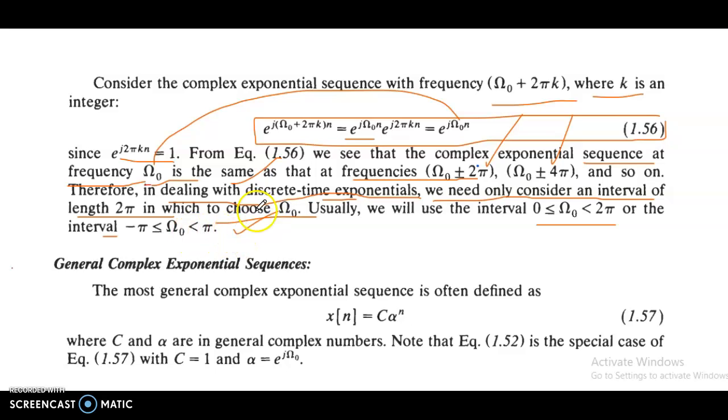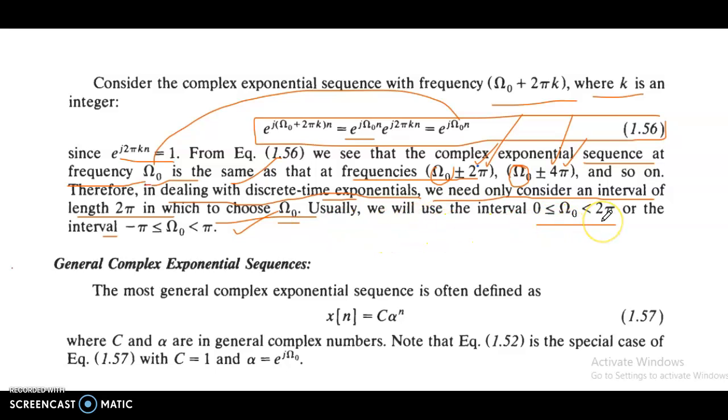Here we will consider omega naught the same as the frequencies shifted by 2 pi, 4 pi, not changing. That is, in discrete time exponentials we have to consider an interval of length 2 pi only in which to choose omega naught.